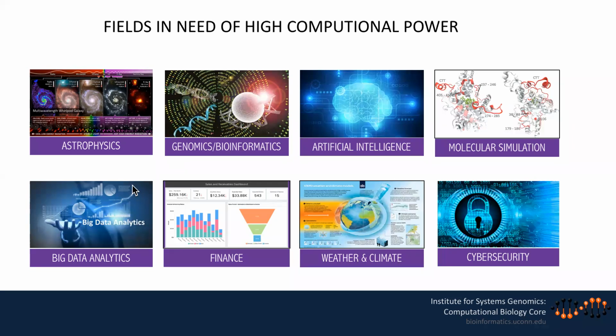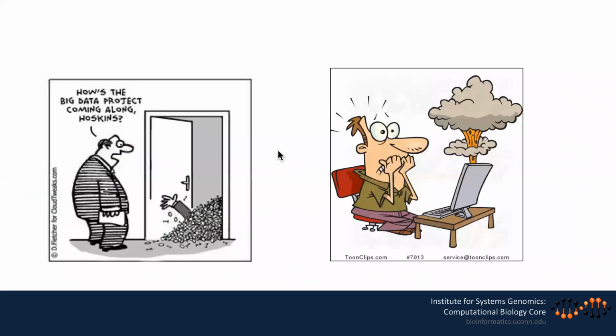A similar boost in data is also observed in genomics and bioinformatics. This large amount of data comes with two distinct problems. One is the efficient storage of data: it has to be stored from the space point of view, taking the least space possible, and at the same time from the accessibility point of view, so that you can access it at any point of time when needed for analysis.